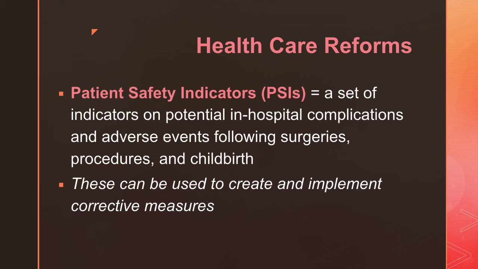And so, therefore, we want to make sure, especially those of us on the administrative side, that we are aware of patient safety indicators, that we look at them and use them to create and implement corrective measures, to create and implement policies and procedures within our facility that will make our facility safer, whether it's a single doctor's office or a large, huge 500-bed hospital, it doesn't matter.